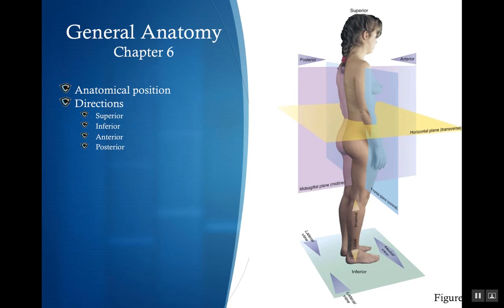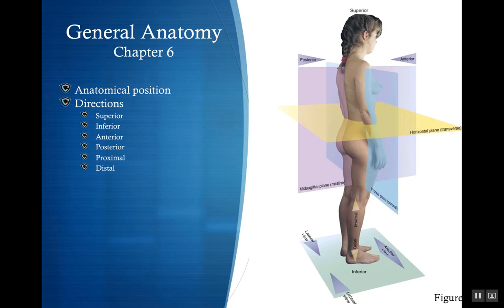So, for example, the nose is anterior to the ear, whereas the spine is posterior, or behind, located toward the back of the heart. The next pair is proximal and distal. Proximal is closer to where the body part originates or where it attaches to the body, or in other words, closer to the trunk of the body.